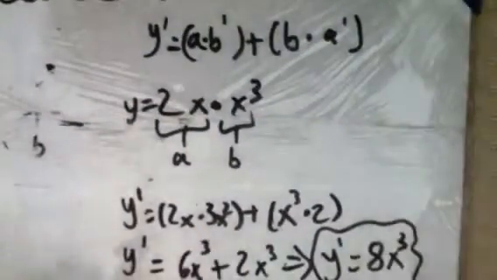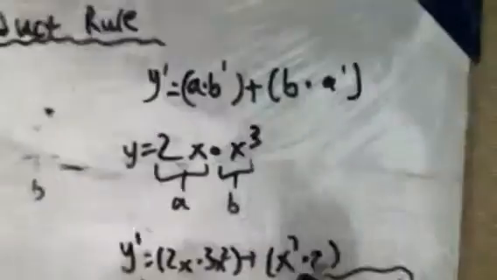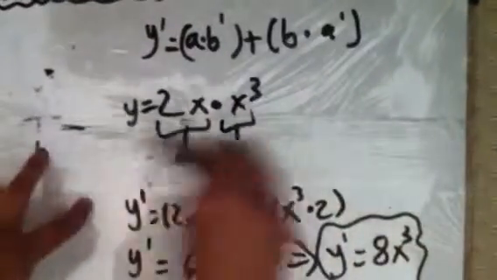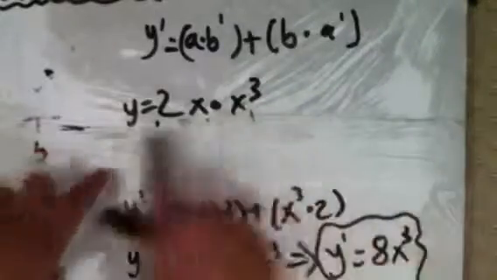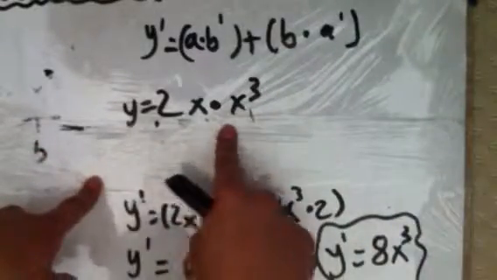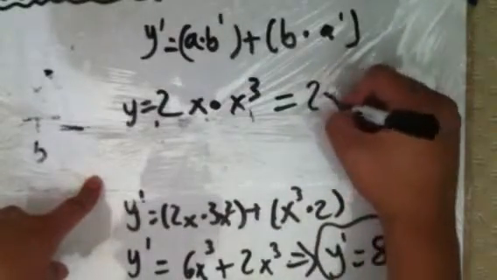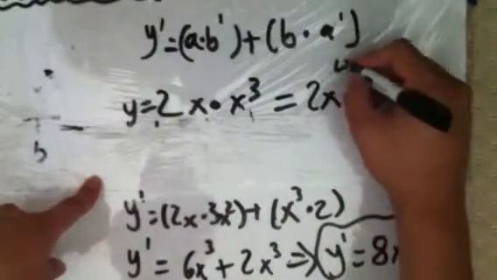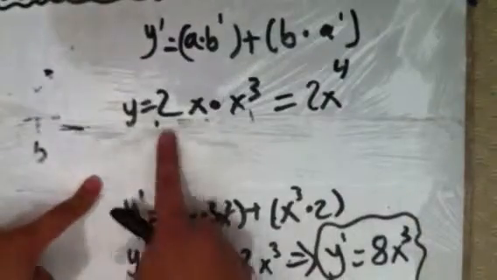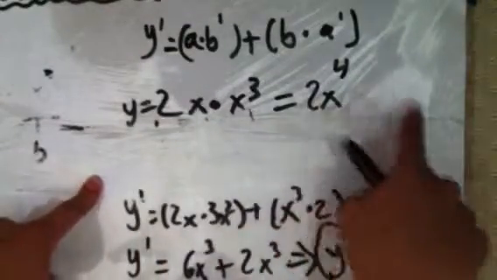Okay? So let's check our work. Instead of doing this whole product rule, up here you could just decide to multiply these out to make it 2x to the fourth, because 2x times x cubed is equal to 2x to the fourth.